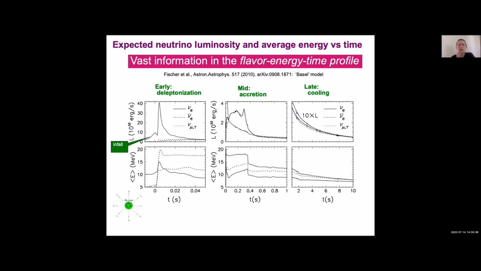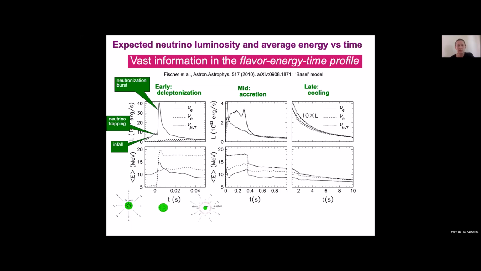You get an increase of electron neutrinos coming from the protons and the electrons getting squeezed together to make the neutrons of the neutron star. That creates electron neutrinos. That's the infall neutrinos. There's a little notch that comes from a time when the neutrinos are actually trapped, which is a kind of mind-boggling thing, that neutrinos can be trapped. There's a bright spike, the neutronization burst, when the shock hits the neutrinosphere and neutrinos are free to stream.